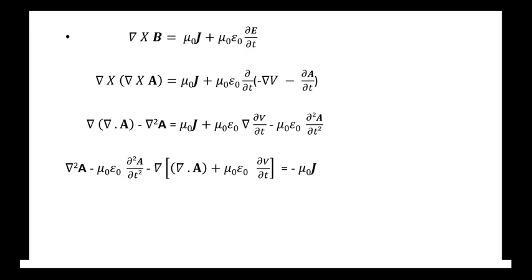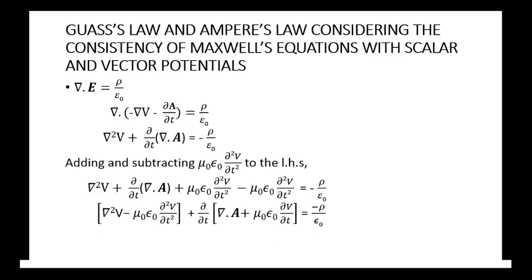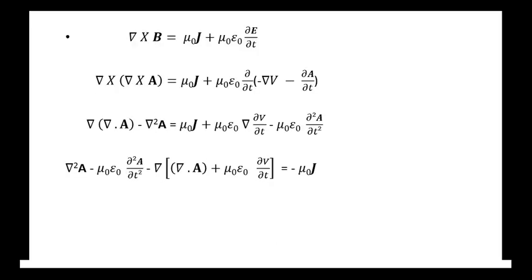So in this session we had expressed these Maxwell's equations, that is del dot E equal to rho by epsilon 0 as well as del cross B is equal to mu 0 J plus mu 0 epsilon 0 dou E by dou T in terms of electrodynamic potentials V and A.